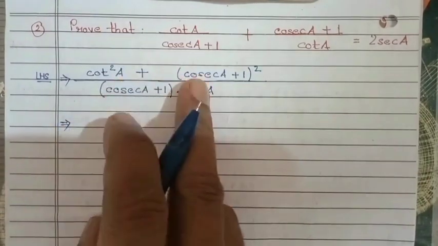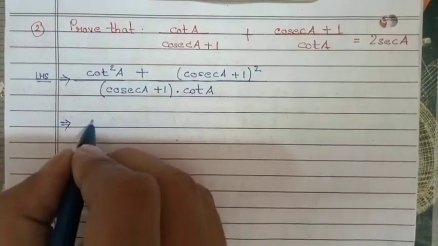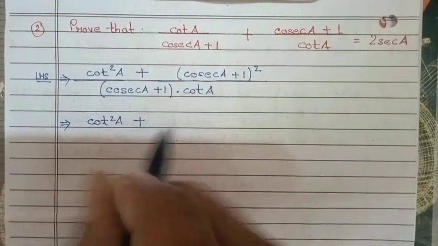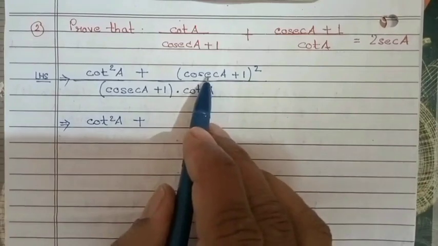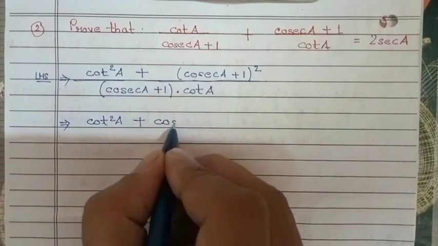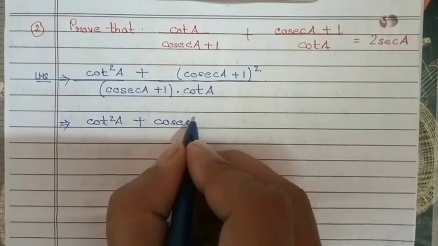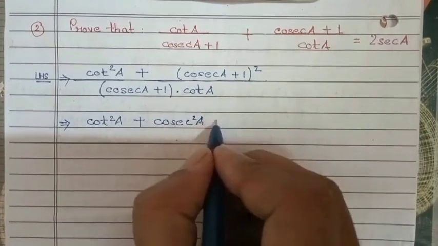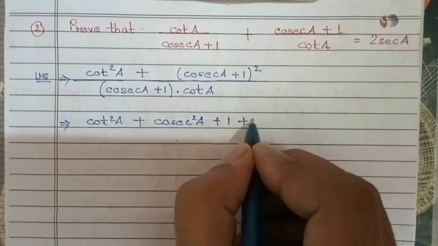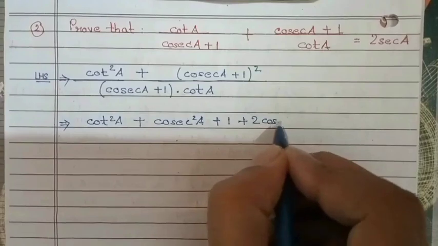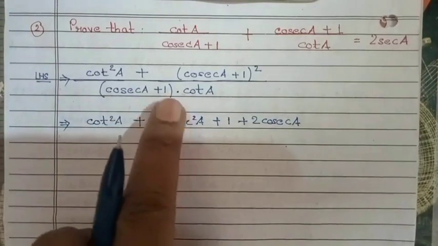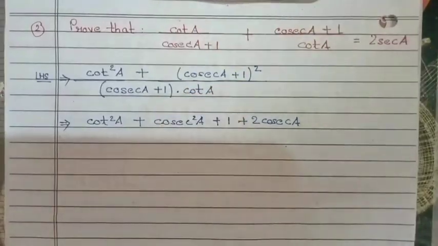Okay, now let's square these terms. So the first one is cot square A. Now you will open this bracket with the formula a plus b whole square. That will give you cosec square plus 1 plus twice cosec A. See, we have used the formula a plus b whole square here.